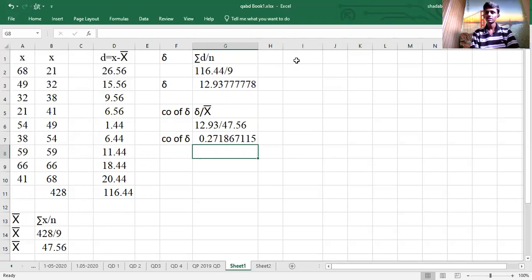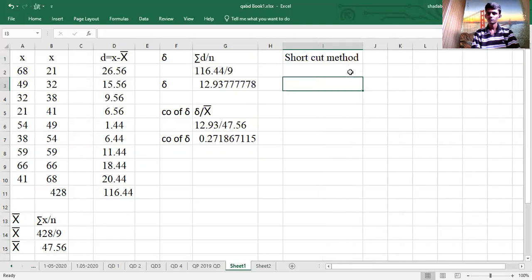Now moving further, we will use the shortcut method and try to calculate the mean deviation.